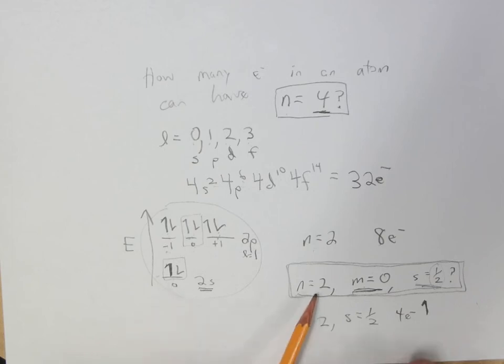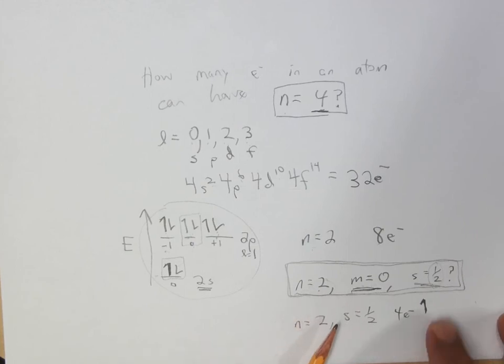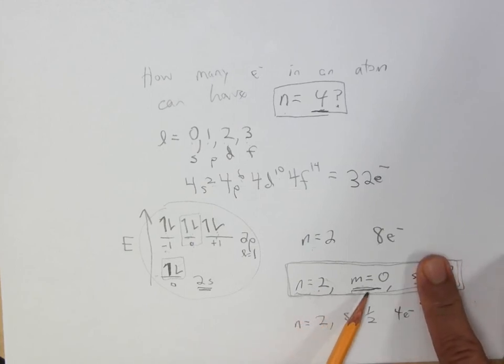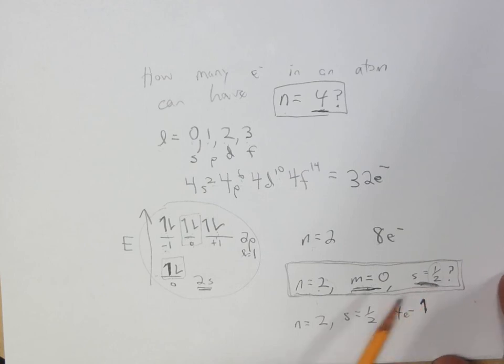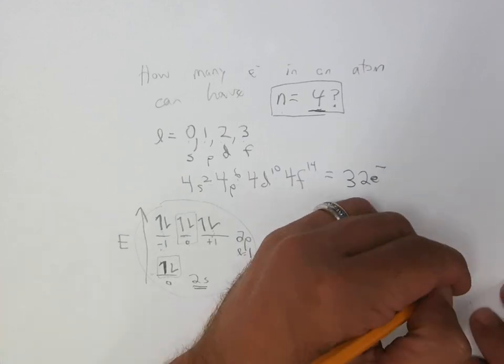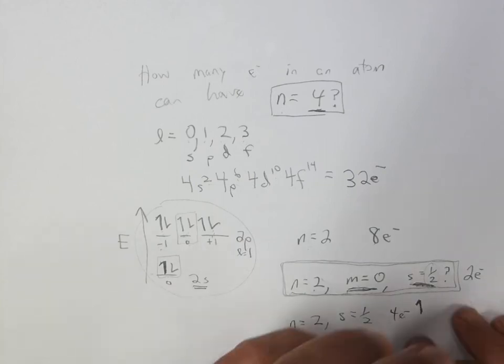So now if you look at these criteria, n is 2, the entire energy level has 8 electrons, only half of them are m equals 0. So 4 electrons would have n equals 2 and m equals 0, but then only half of those would be up spin. If we put all 3 of these criteria on there, we would have only 2 electrons.